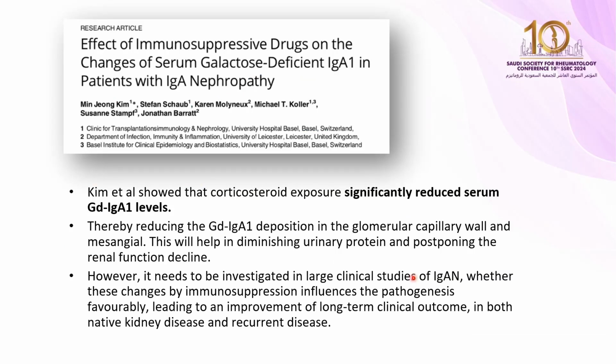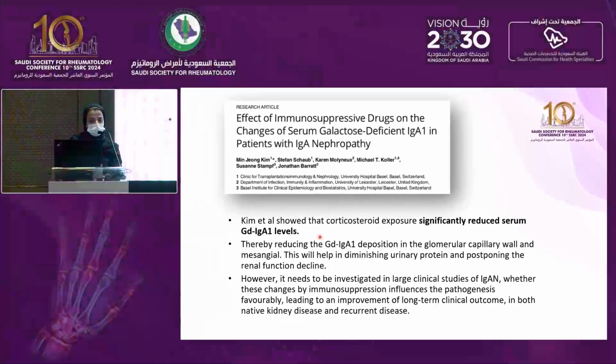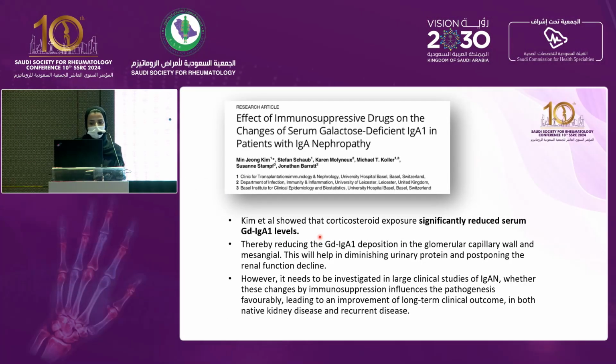I mentioned this point to highlight this study, a research article published in 2016 about the steroid effect on the galactose-deficient IgA1 level, and it was found to significantly reduce the serum galactose-deficient IgA1 level, and this is thought to improve the renal outcomes.